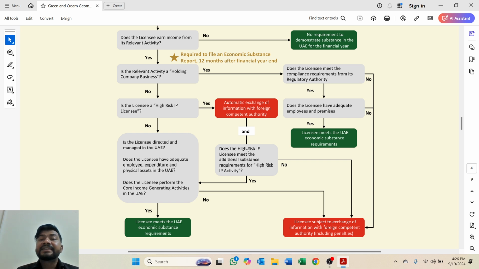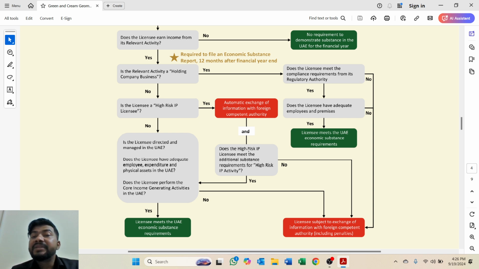If yes, in that case we'll ask a question. We'll analyze whether the licensee meets the compliance requirement from its regulatory authority. If yes, then again we will see, does the licensee have adequate employees and premises in the UAE? If yes, in that case, this holding company business will be deemed to have fulfilled the economic substance requirement.